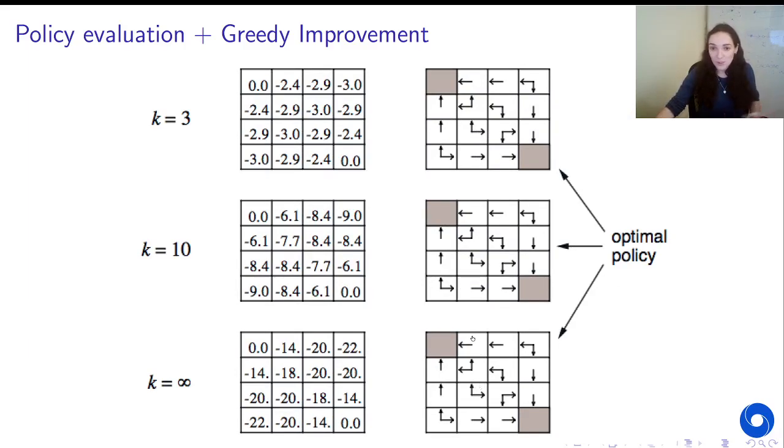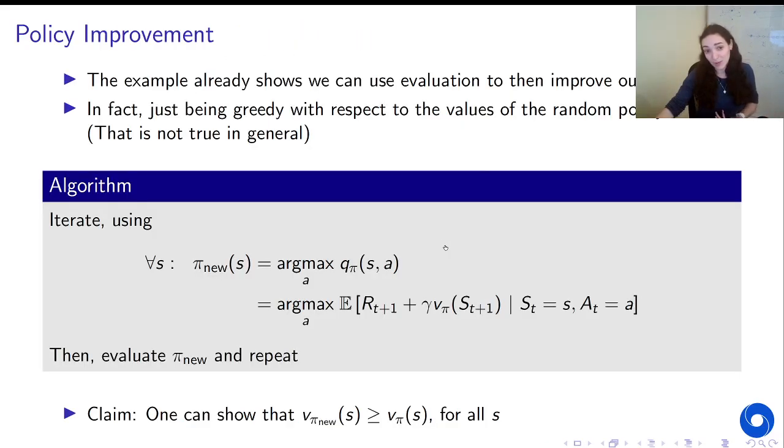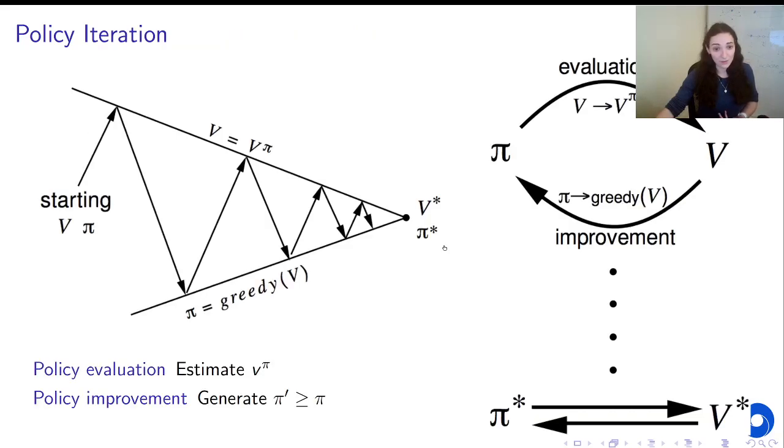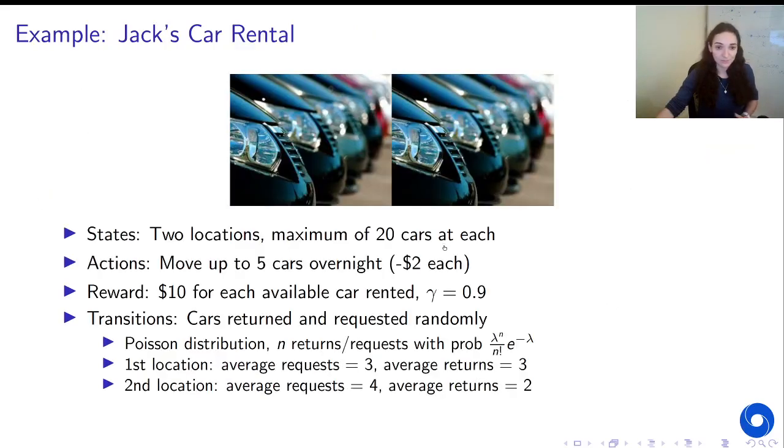So this points to the fact that we can save all of these iterations of converging all the way to the actual value of the uniformly random policy, because if we're using it only for improvement, we can already improve on this intermediate estimate and get a very good estimate of a good policy. Okay.